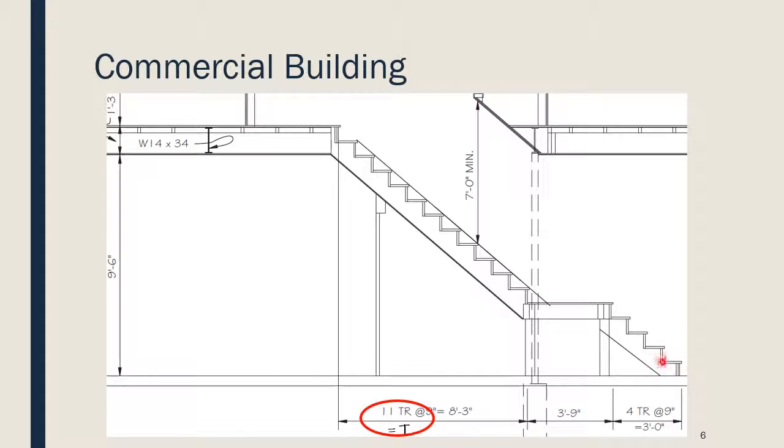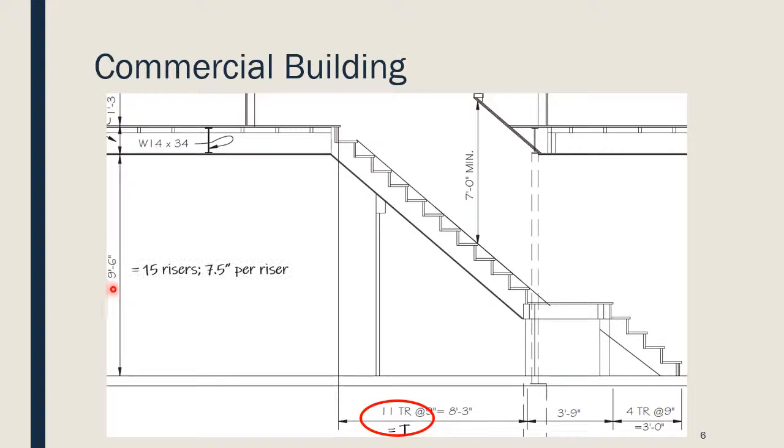But what is the height of the riser? They're not called out. Well, if you count them, you see there are 15 steps to this level, which is labeled as 9 feet 6 inches.